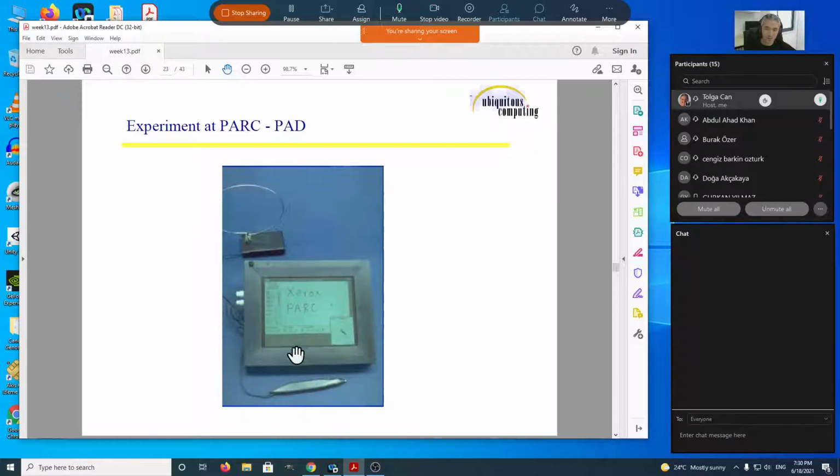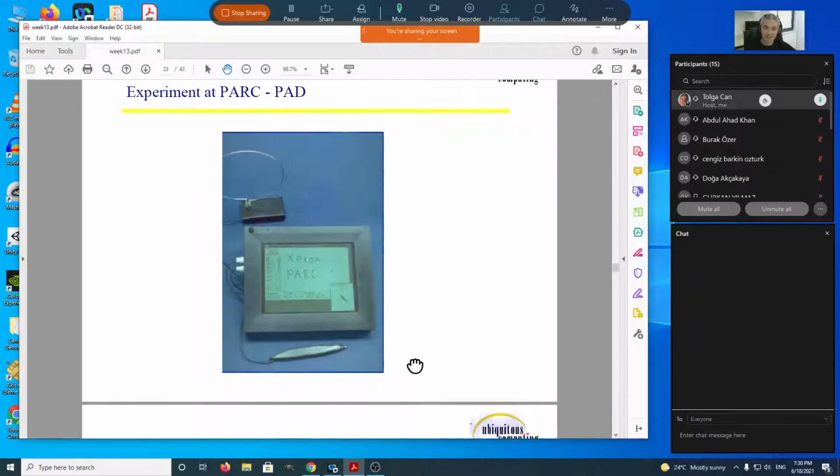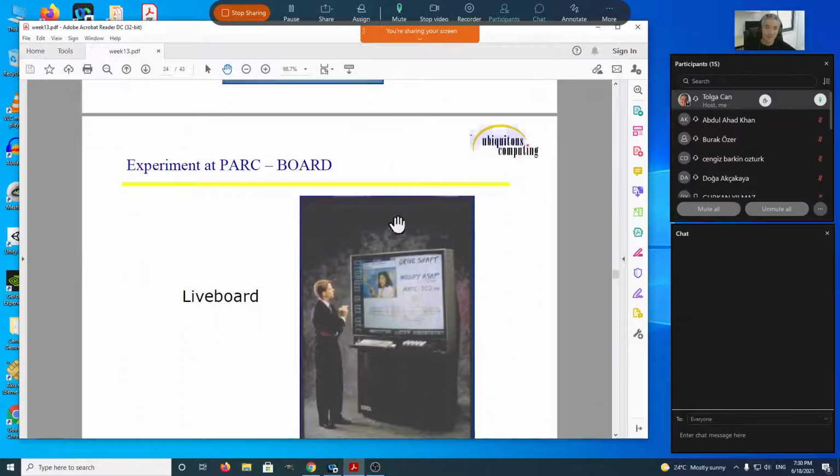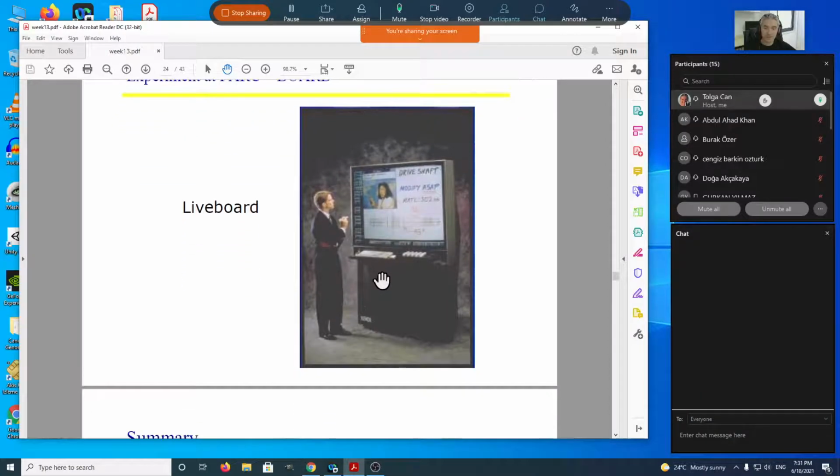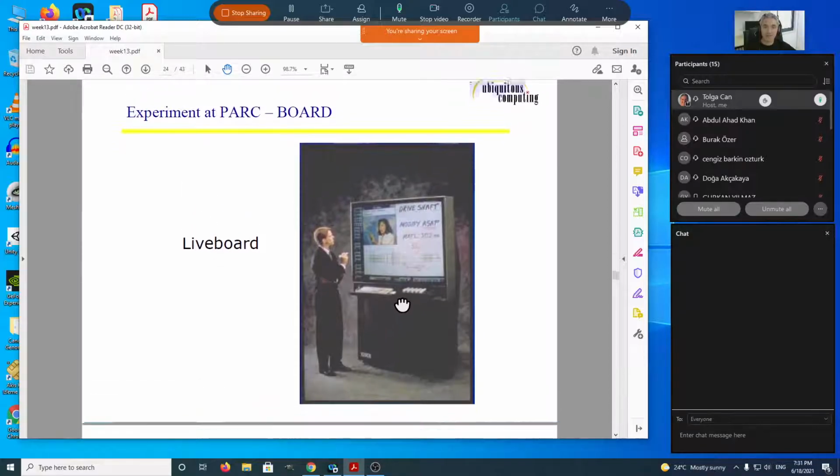Therefore, you were able to interact with a light pen like this. And this is the board application. So a large screen display in which you can conduct conference calls with a whiteboard. So this looks very much like the Zoom meetings we have today, but in a company where you have walls in different places, you can just call and have a meeting with somebody else immediately.